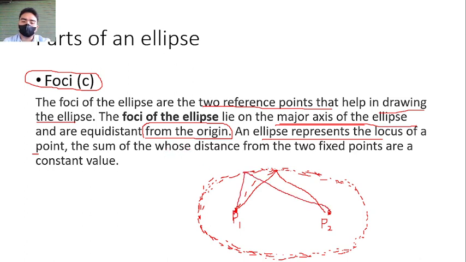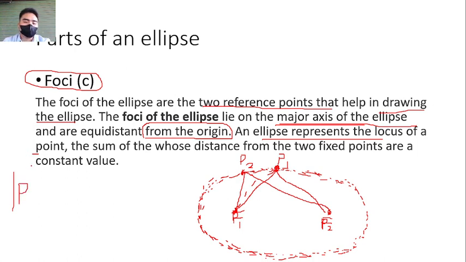For example, this is the point, point 1. This is your focus 1. This is your focus 2. So, P1 and P2 are just equal. Why? Because whatever the sum, just take note of the magnitude. If you say magnitude, the distance, no?